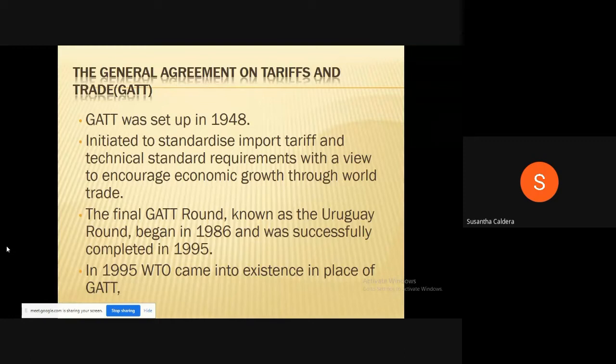Mainly to standardize import tariff and technical standard requirements with a view to encourage economic growth through world trade and to have a standardized import tariff. Every country, when you are importing these particular items, all countries will charge a standardized rate, right?